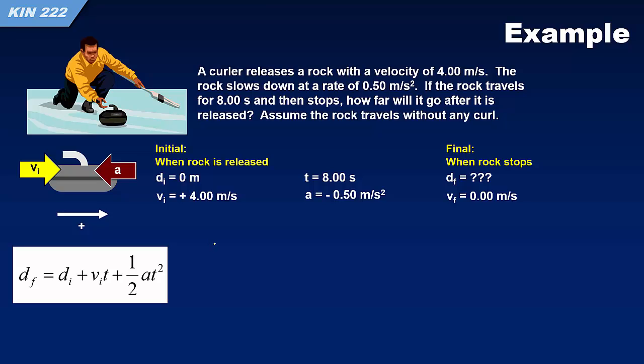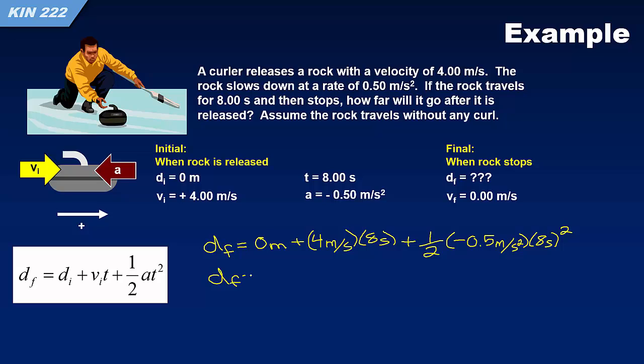For this formula, d final is equal to our d initial, or initial displacement, which is 0 meters, plus our initial velocity, which is 4 meters per second, times our time, which is 8 seconds, plus 1/2 times our acceleration, which is minus 0.5 meters per second squared, times our time, 8 seconds, squared.